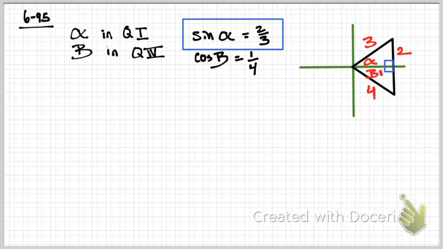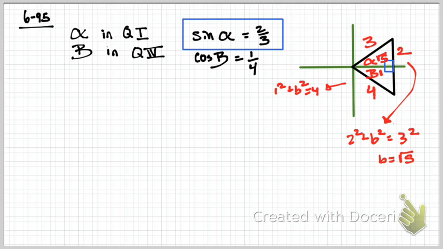Now we need to solve for the missing sides. So we get 2 squared plus b squared equals 3 squared. And we get b equals the square root of 5. So for this triangle, we know that our adjacent is square root of 5. And then for our other triangle, we're going to have 1 squared plus b squared equals 4 squared.